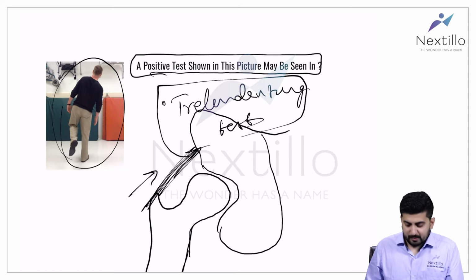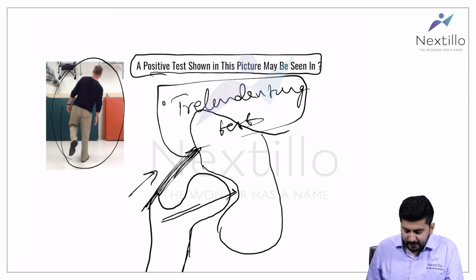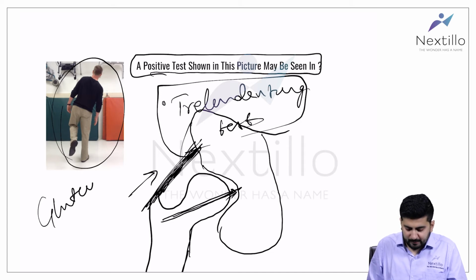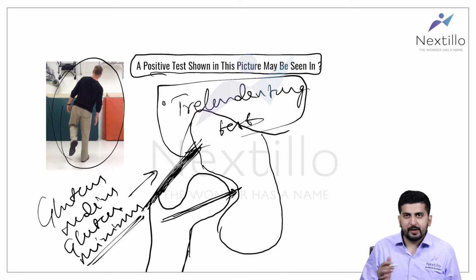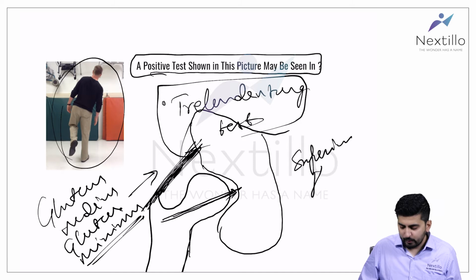If you see in this rough diagram here, I have tried to make the hip joint, and this hip joint is basically being stabilized by the abductors of the hip joint, which are gluteus medius and gluteus minimus. The nerve supplied to gluteus medius and minimus happens to be the superior gluteal nerve.